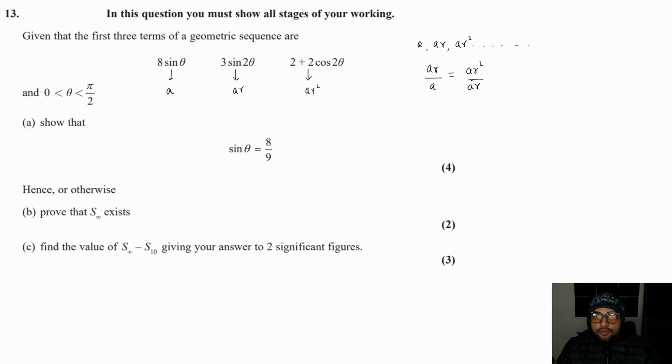The common ratio will be the same. So the second term, 3 sin 2 theta, upon 8 sin theta will be equal to 2 plus 2 cos 2 theta upon 3 sin 2 theta.